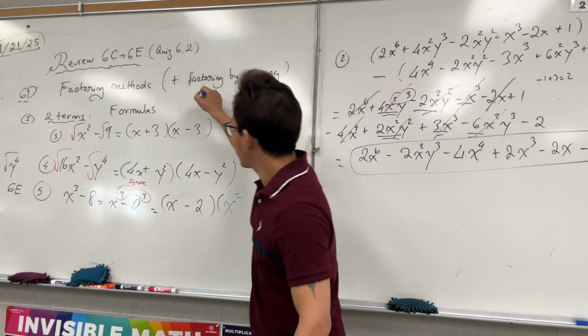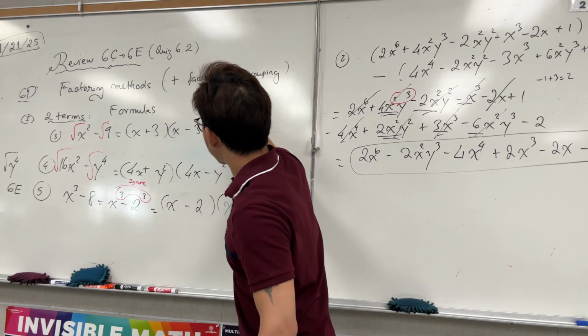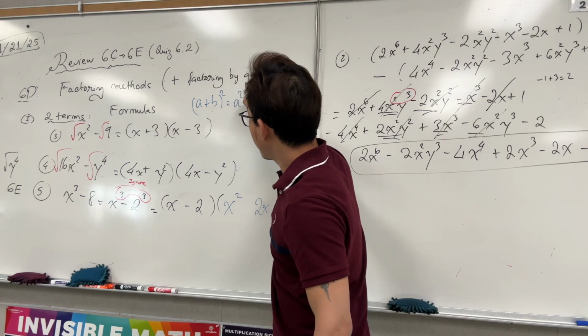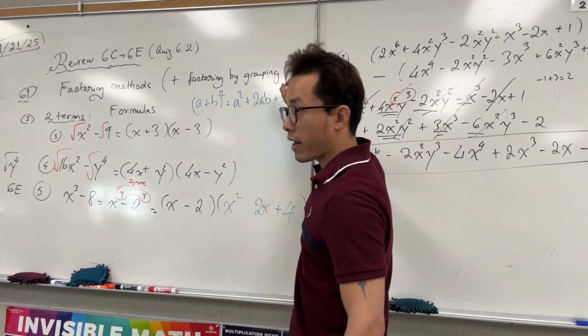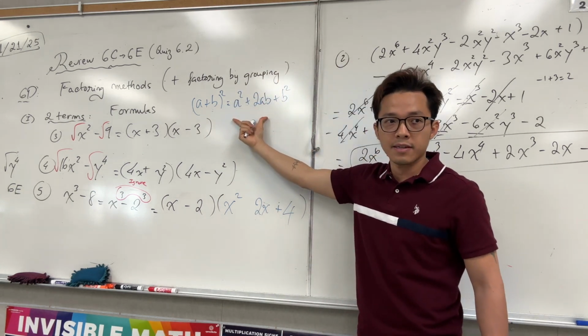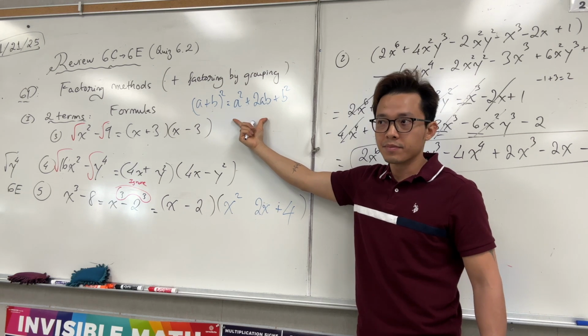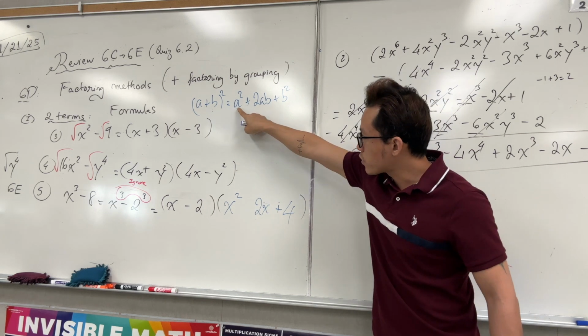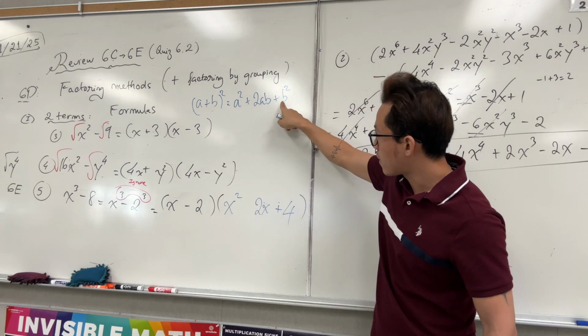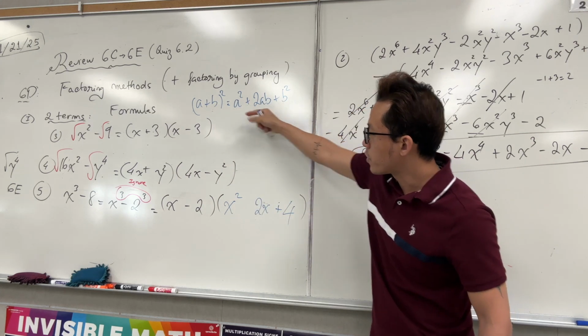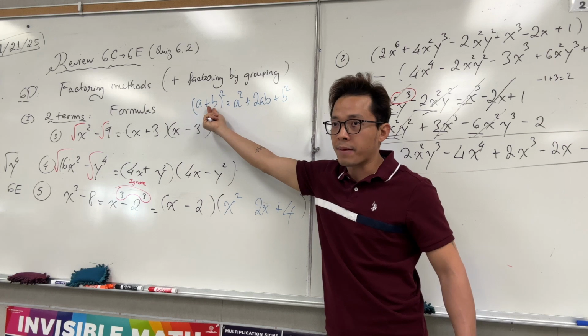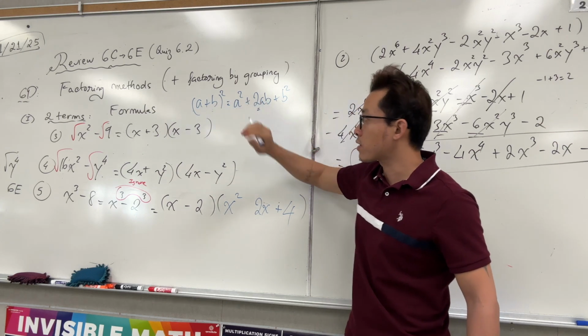Don't be confused with this formula right here. This formula, you have a squared plus 2ab plus b squared. That's completely different. You know what I mean? In this formula you also square both of them, but in the middle, not only do you need to multiply them, you need to also multiply by 2. That's another formula.